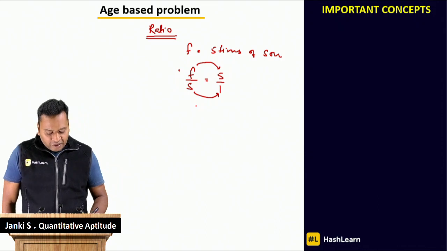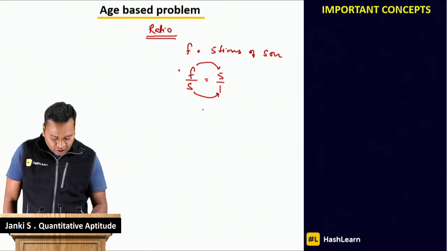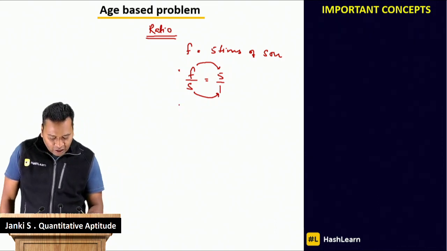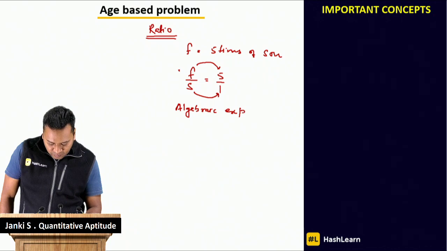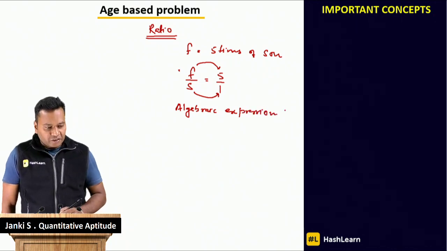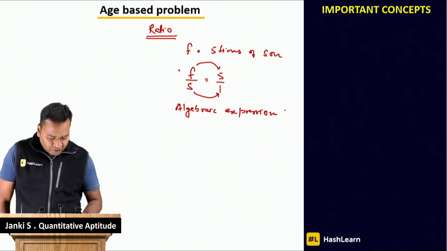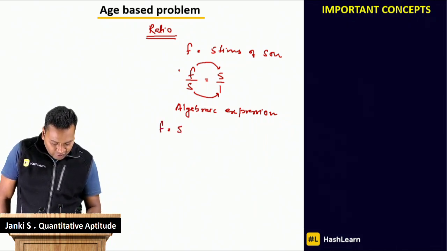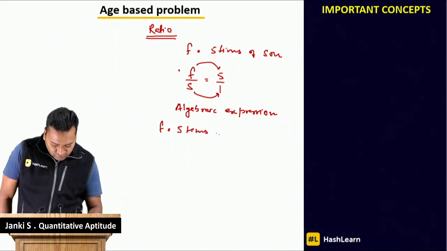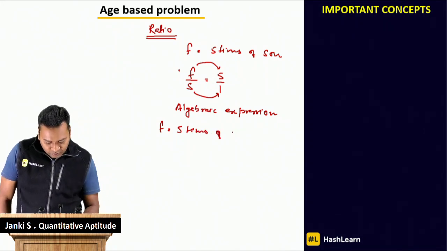Or else there will be relations which you need to keep in mind, which will be more related to the algebraic expressions. So we will be dealing with algebraic expressions here. What do you mean by algebraic expressions? Suppose my condition given is father's age is 5 times of son's age.